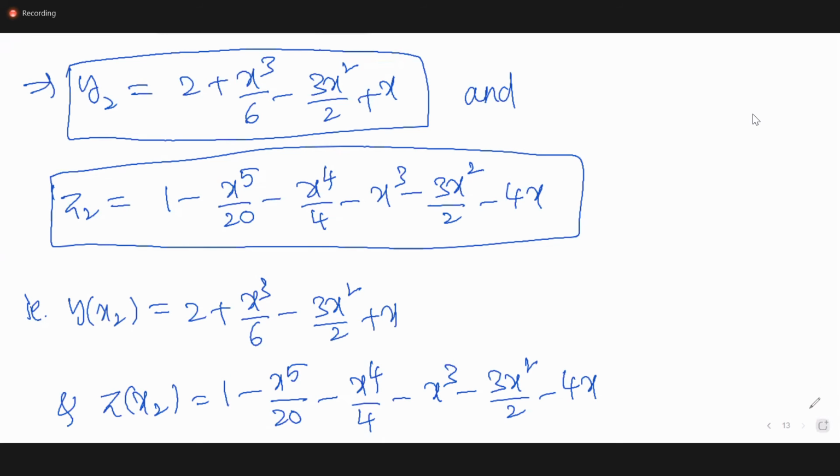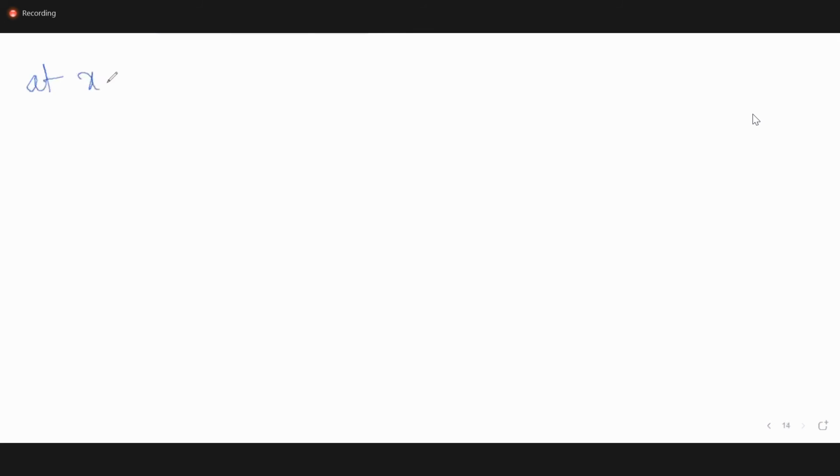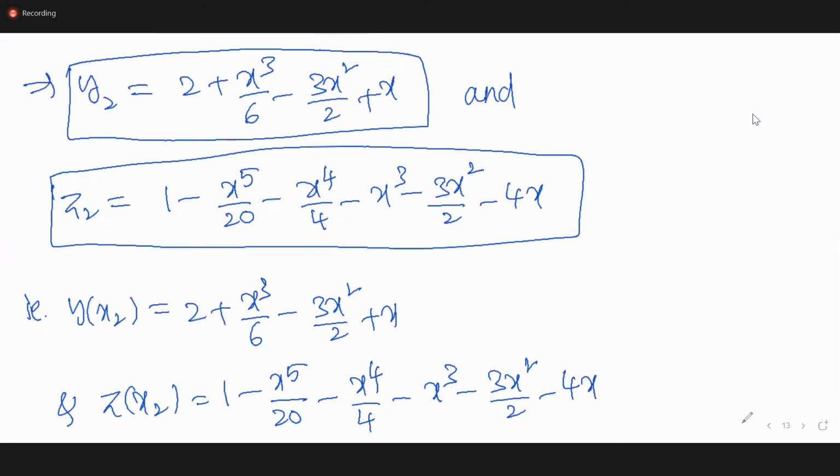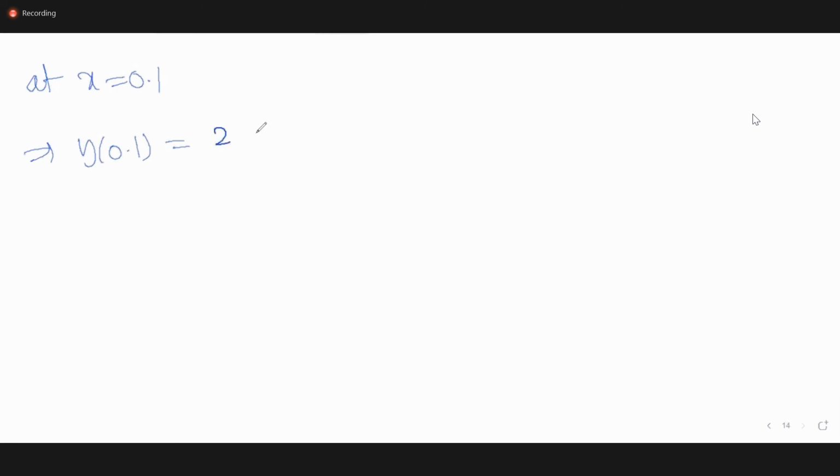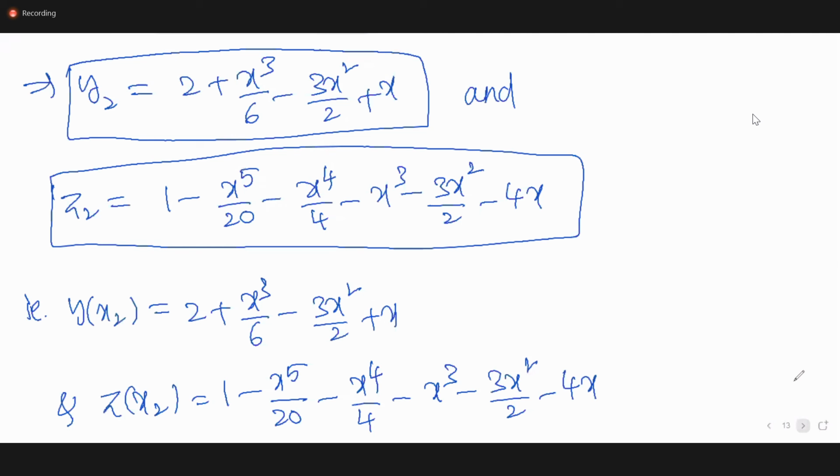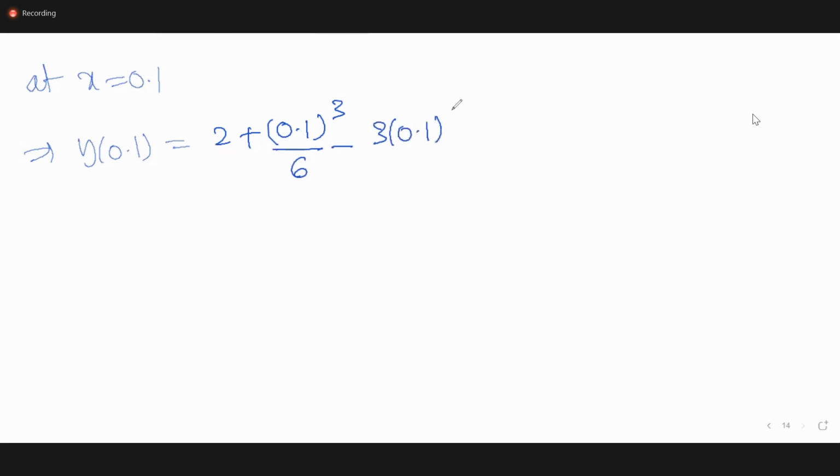Same at x equal to 0.1. Y of 0.1 is equal to 2 plus 0.1 whole cube by 6 minus 3 by 2 x square, 0.1.